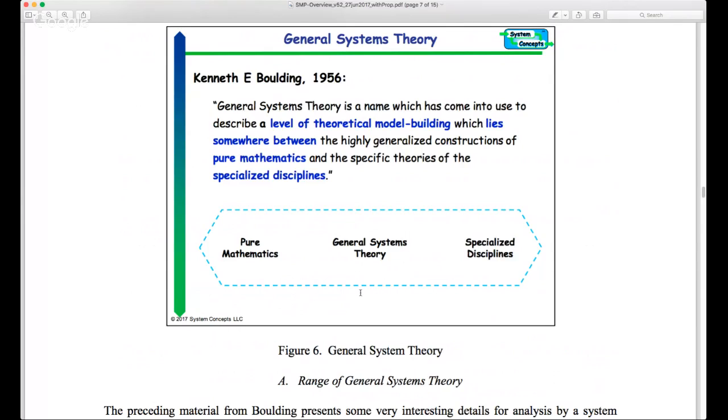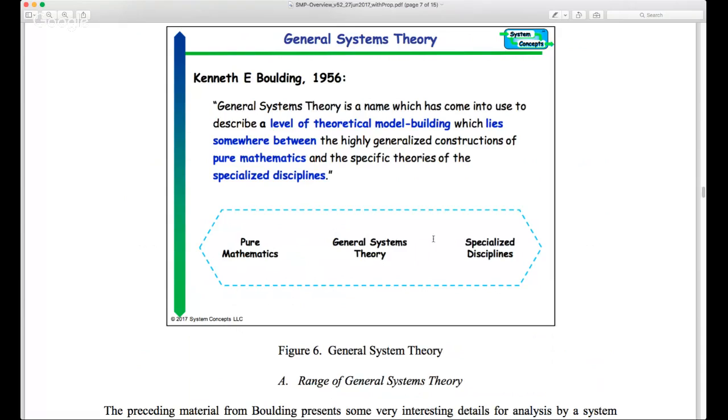And the real key, I think the fundamental key discriminator we need to look at is what, right here between pure mathematics and general systems theory, how do you know, what are the primary discriminators that say, oh, I'm in mathematics? Nope, I'm not in mathematics anymore. Now I'm over in general systems theory. And the same with specialized disciplines.